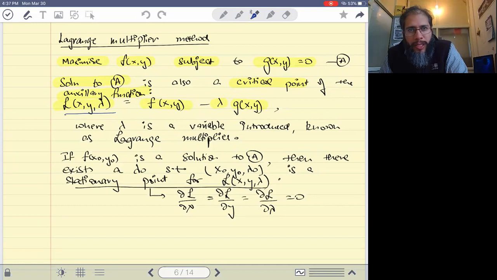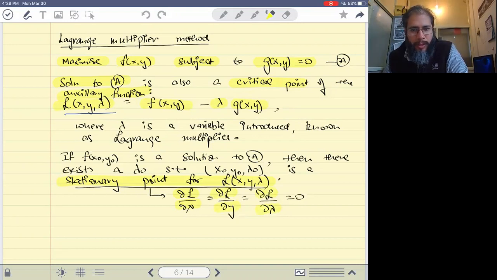So what we are saying here is that if I can find the critical point of this auxiliary function, the critical or stationary point for L is the point where all the partial derivatives of L with respect to x, y, and lambda are all zeros. That is, del L by del x, del L by del y, and del L by del lambda are all zeros.